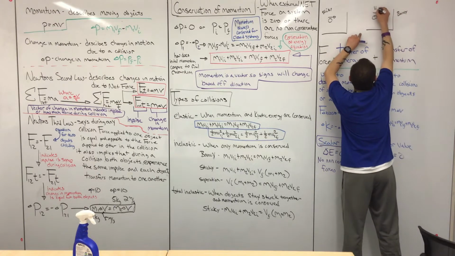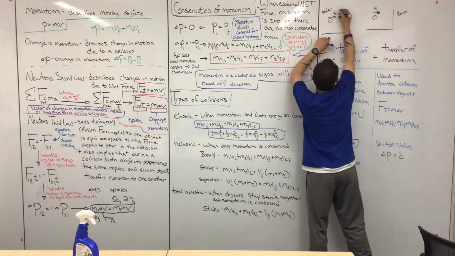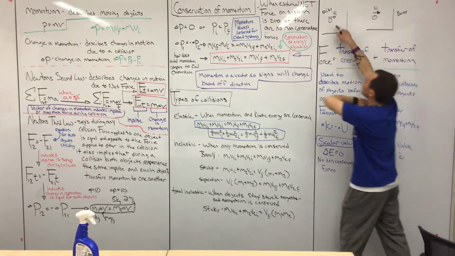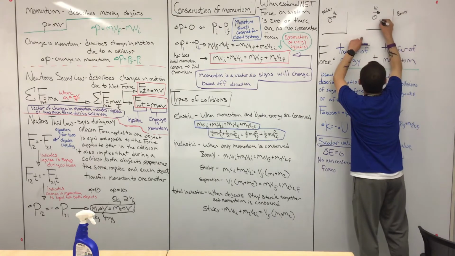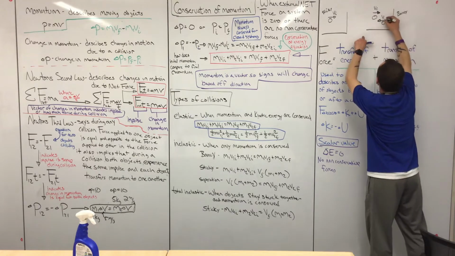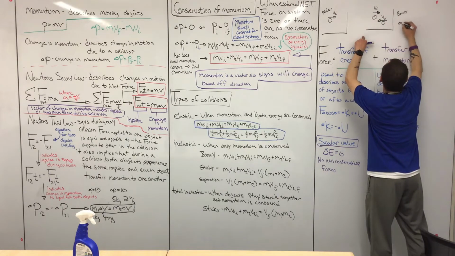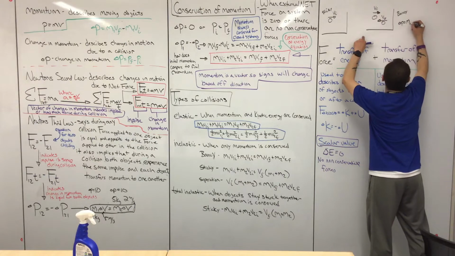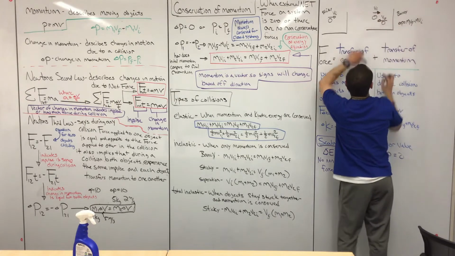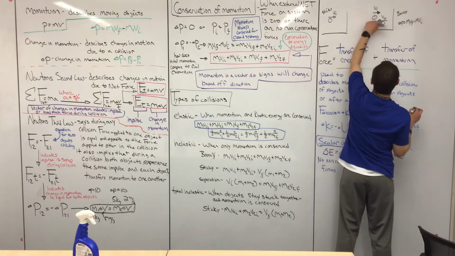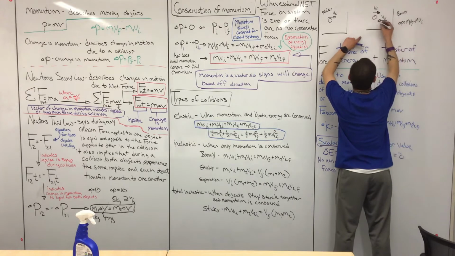They both have the same initial velocity and both balls have the same mass. But for the sticky, there's not going to be any final velocity, but for the bouncy, we're going to have a final velocity. So when we do the change in momentum, which is final minus initial, we use the velocity vectors to get the change in momentum.